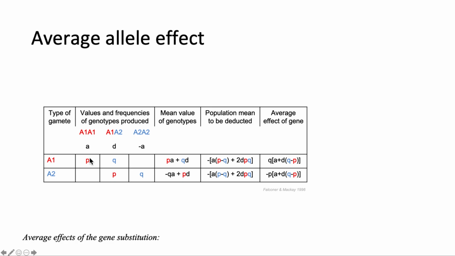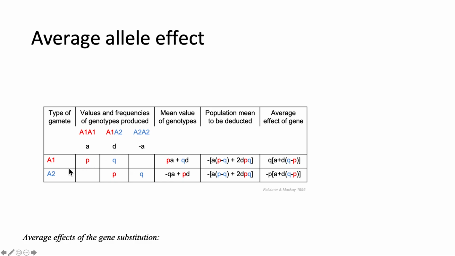And also we have to take into account the frequency of Q in the heterozygous lines, because that has an effect: not just the frequency of A1 but also the frequency of A2 in the heterozygous, times the dominance deviation that we have in that gene.